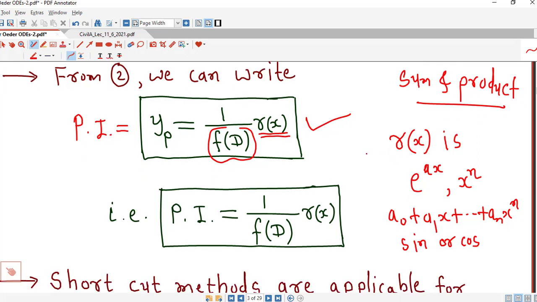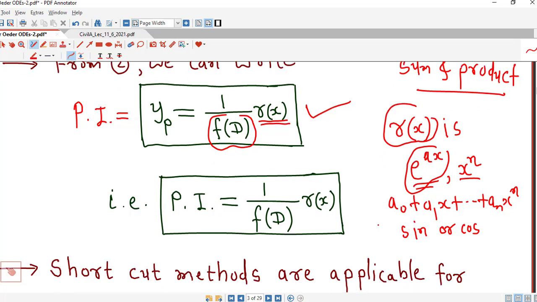So for different right hand sides, we have different shortcut methods. We have different formula for particular integral if right hand side is exponential function, polynomial, or sine or cosine, or combination of all these.